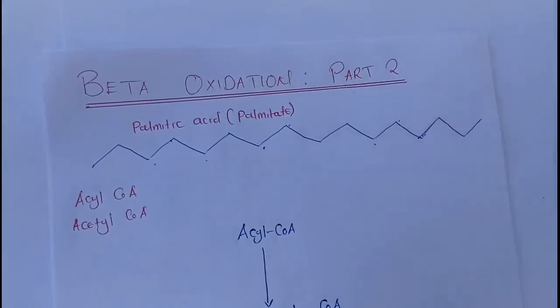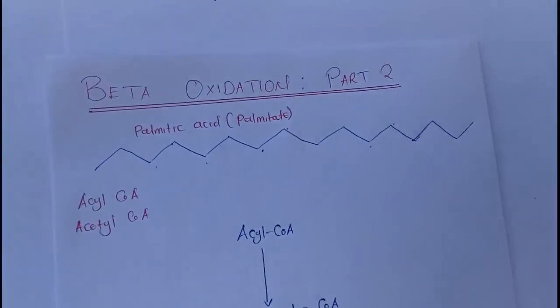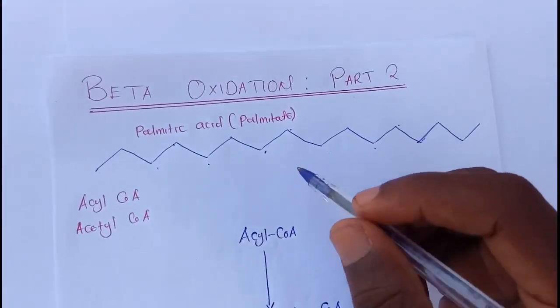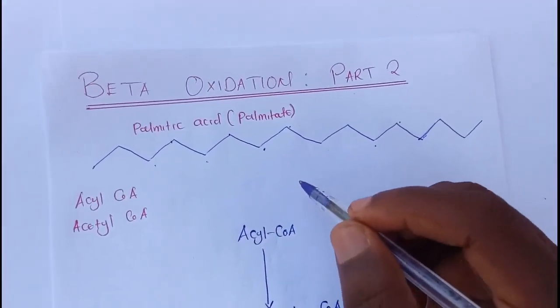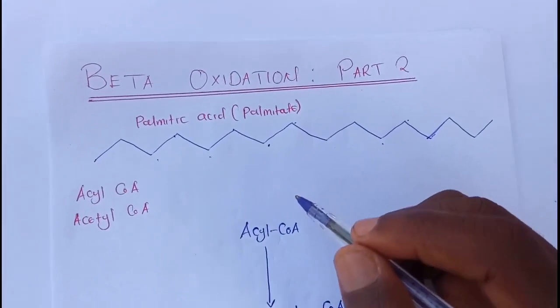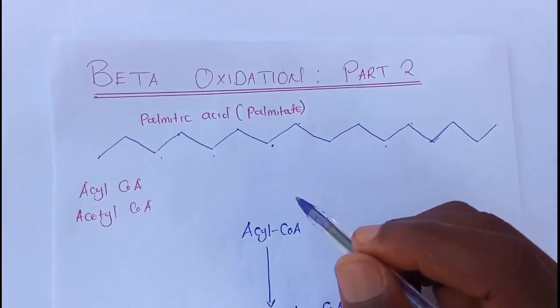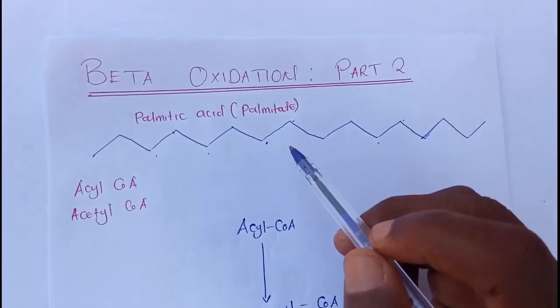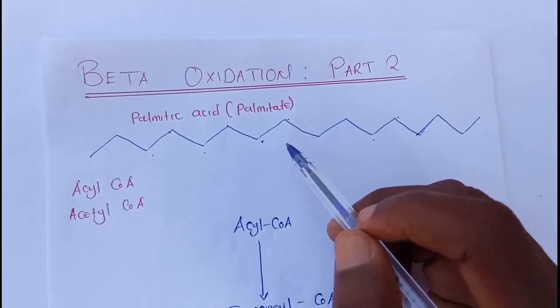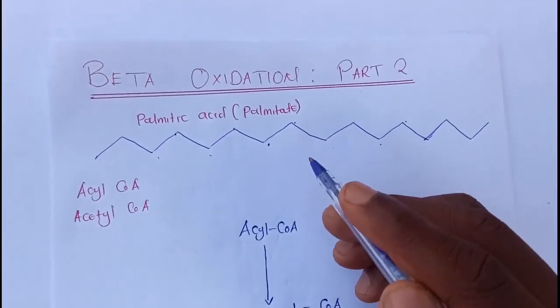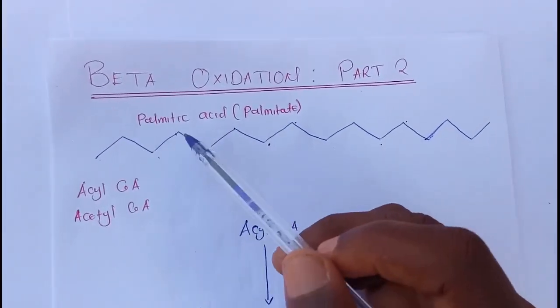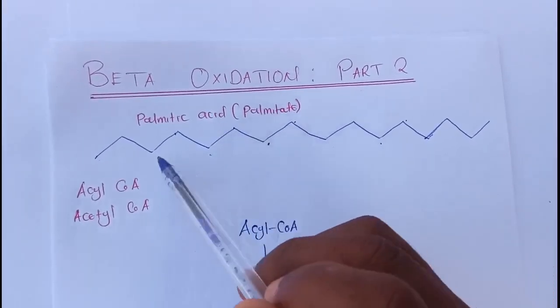Now one thing you should know is that beta oxidation is a 4-step pathway. It only requires 4 steps, and within those 4 steps a long fatty acid chain is cleaved on the 4th step. Here I'll use palmitic acid, or palmitate, as my example.